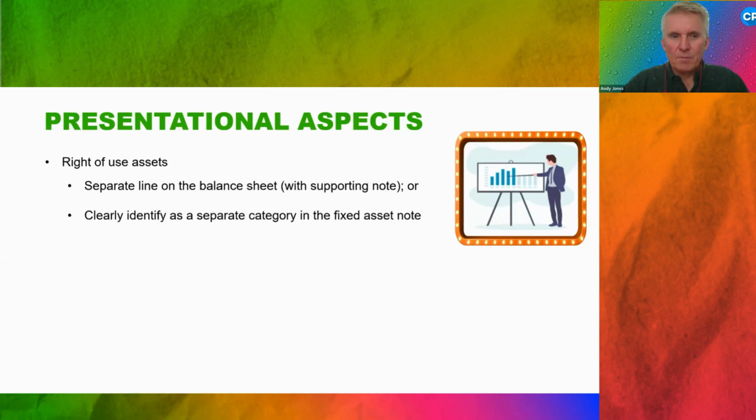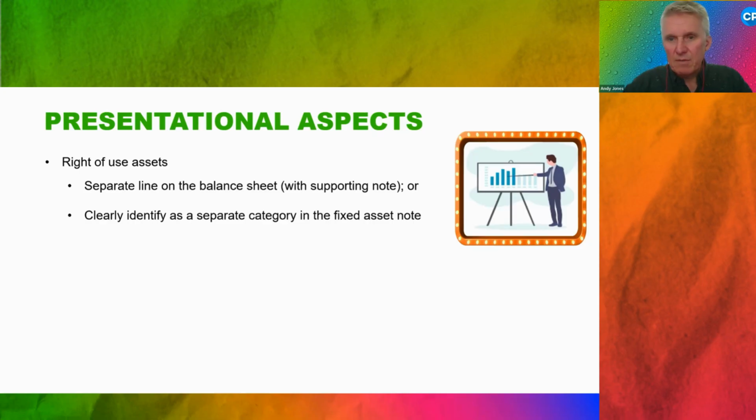As I said right at the beginning, you'll have an asset coming into the accounts, a right of use asset. This is either going to be a separate line in the balance sheet, or still within your fixed assets, but as a separate column within your fixed asset note, clearly showing that you have right of use assets. So that's the first thing on the balance sheet side.